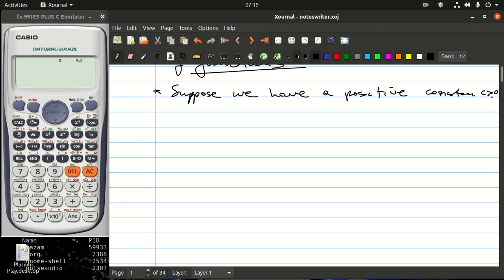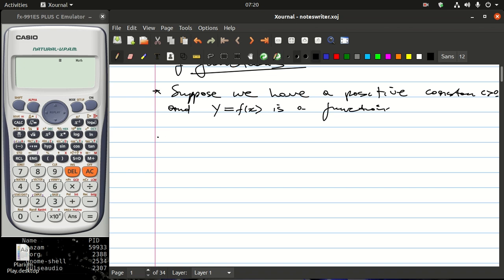It's not equal to 0, it is greater than 0. And we have some function y is equal to f of x. It is a function. In other words, every input value has one output value.